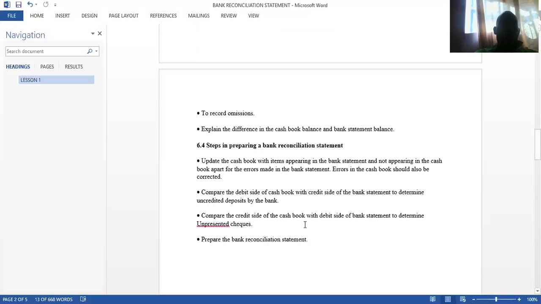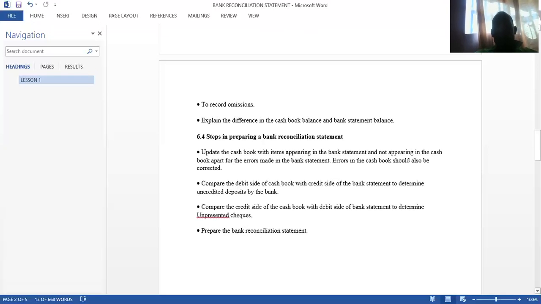Items that are on the credit side of the cash book and the debit side of the bank statement are known as unpresented checks. The uncredited checks and unpresented checks are used to prepare the bank reconciliation statement. Why? Because they are already in the cash book. Now, where they are missing is in the bank account. So we reconcile using them.